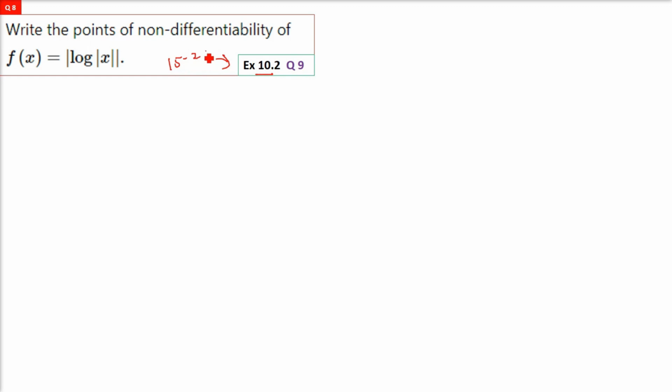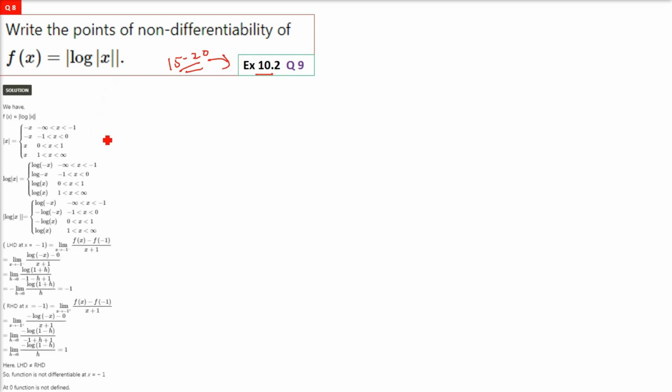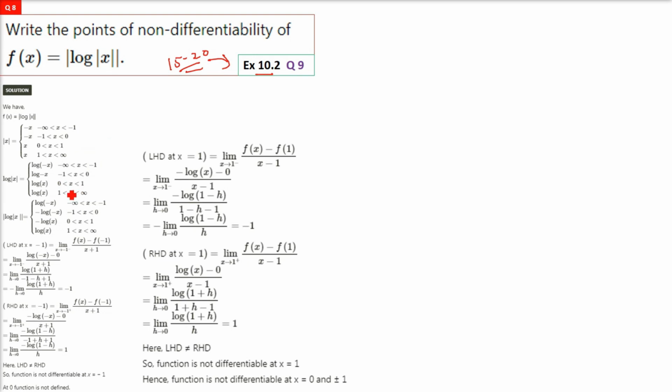I would encourage you to just watch the 10.2 exercise, question number 9. How this has come, I have explained it in great detail. And if you want to do it again, you can, and take a reference here.